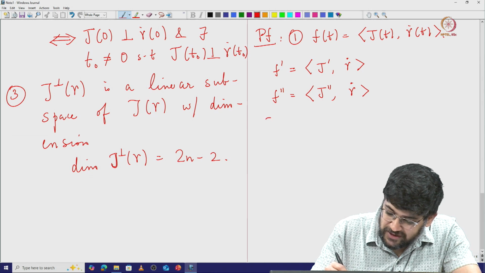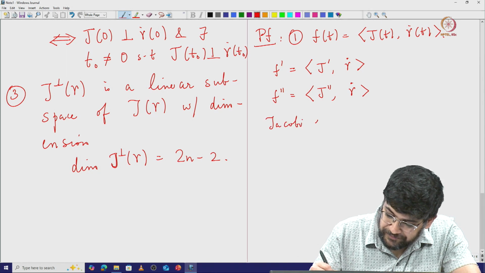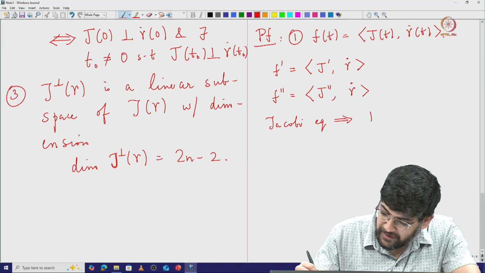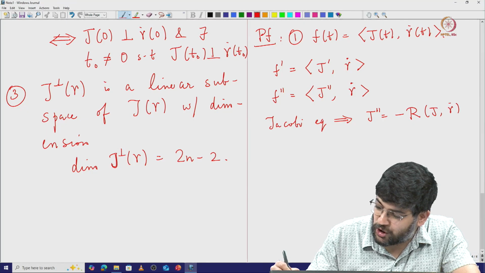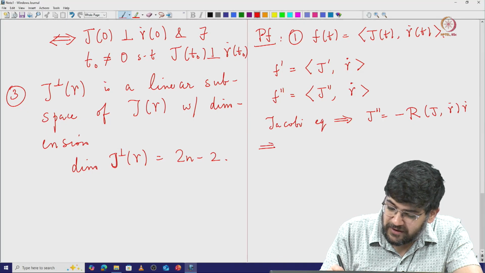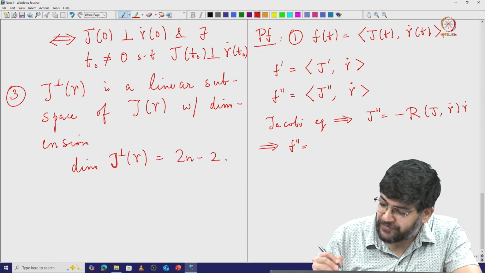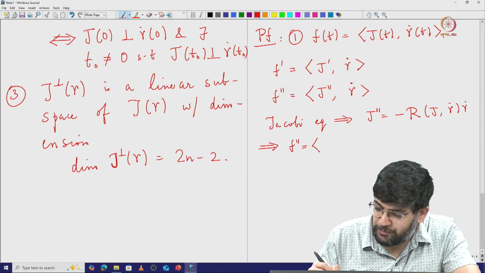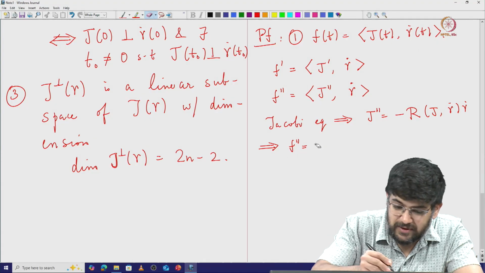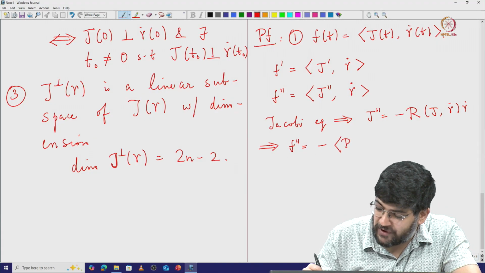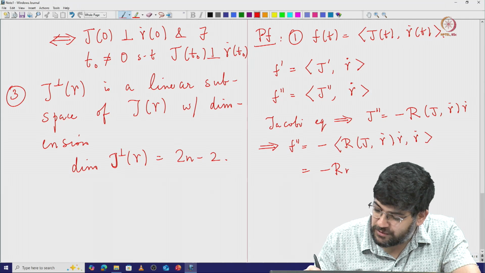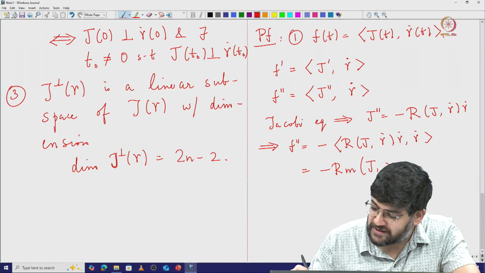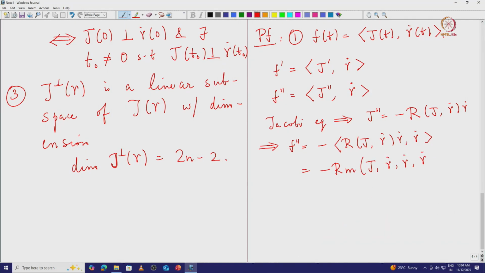But what is J double prime? By the Jacobi equation, J double prime is minus R of J, gamma dot, gamma dot. So f double prime is minus the inner product of R of J, gamma dot, gamma dot with gamma dot, which is just the negative of the Riemann curvature tensor applied to these 4 vectors.